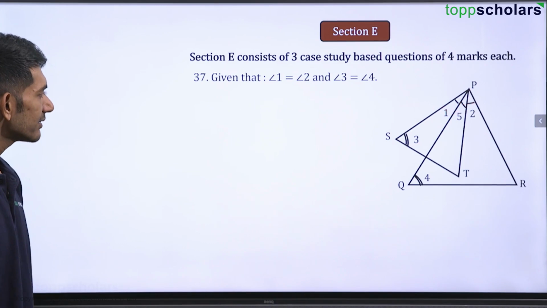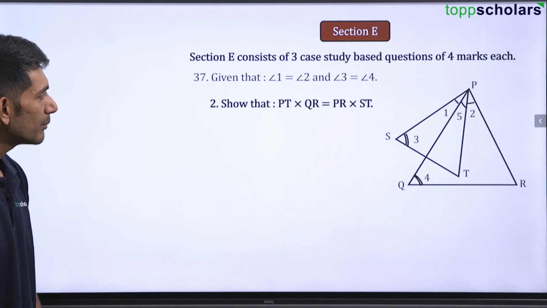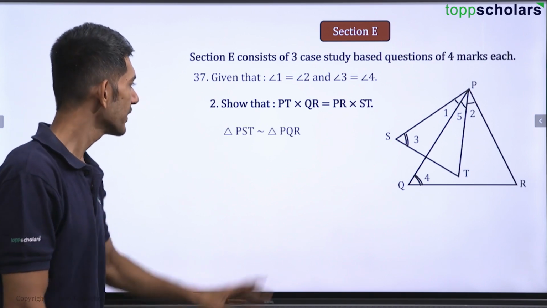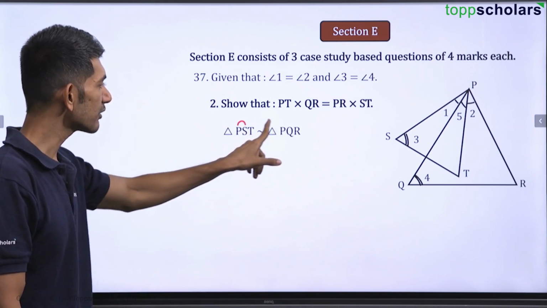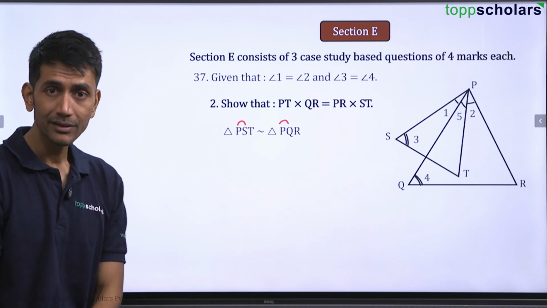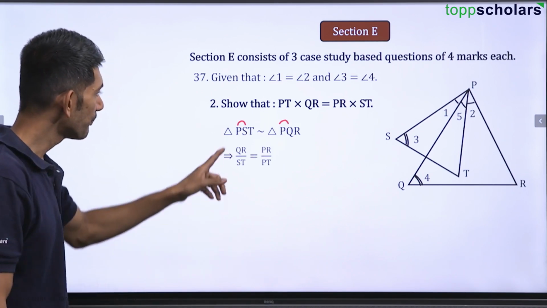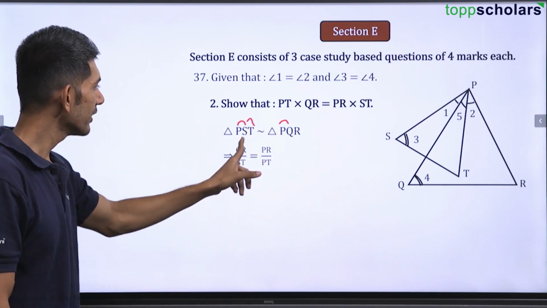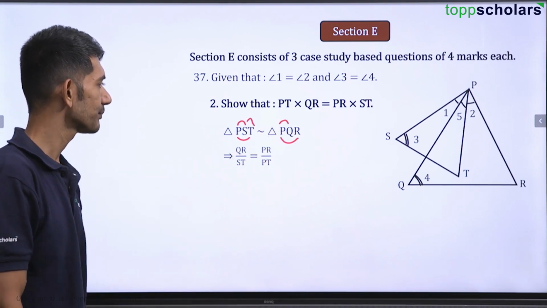So yes, the two triangles are similar, and once you have the two triangles similar, now we are supposed to show that PT into QR is equal to PR into ST. Now since the two triangles are similar, the corresponding sides are in proportion. So can I say PS by PQ is equal to ST by QR is equal to PT by PR, correct?